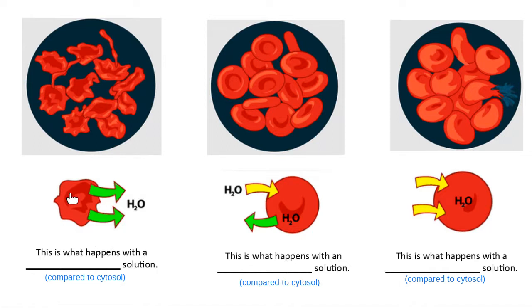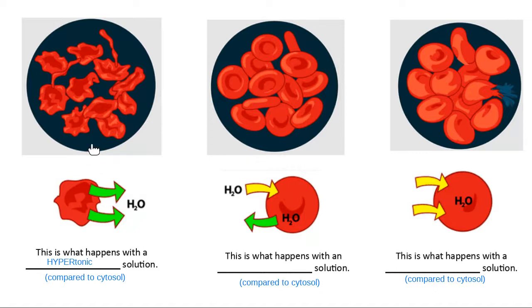If there's more water inside, that means that there's more salt on the outside. And if this fluid out here has more salt, we would call this one hypertonic. Hypertonic. It has more salt in it than the inside of the cell does, meaning that it's going to steal the water that's inside that cell.